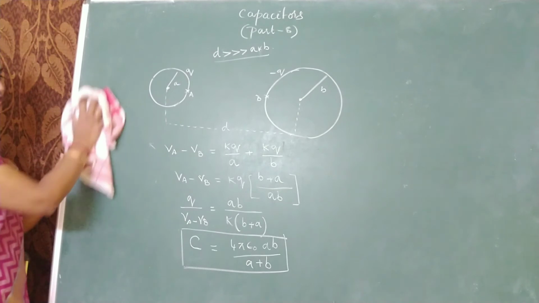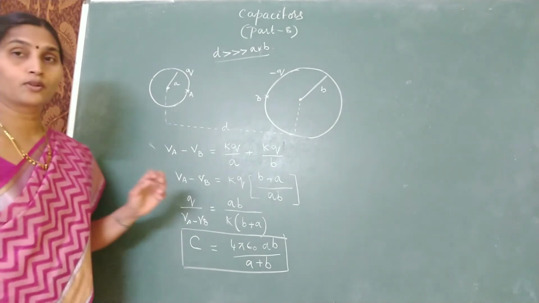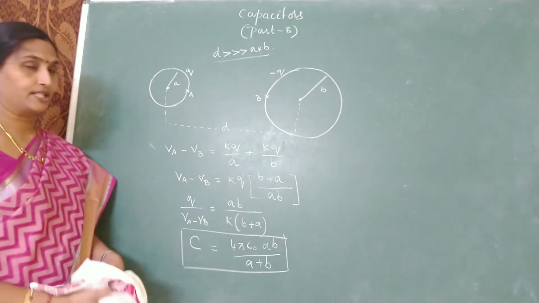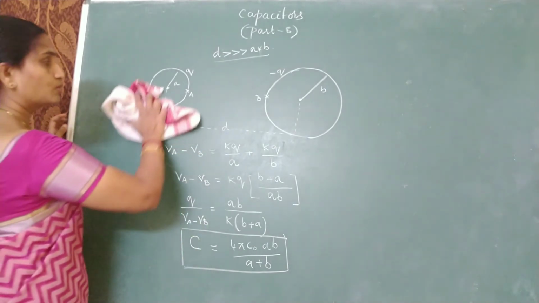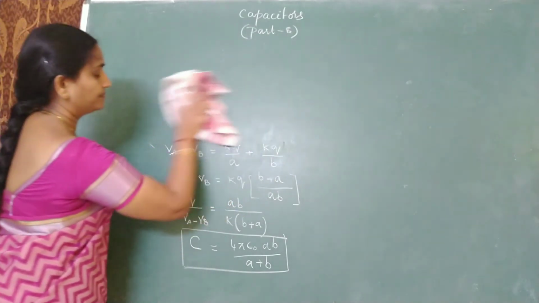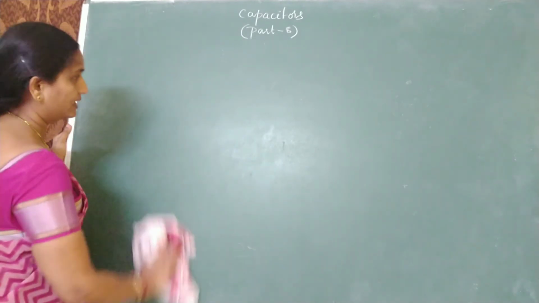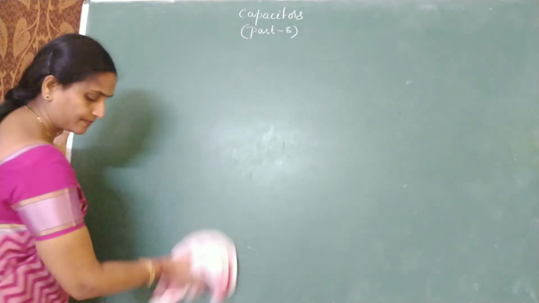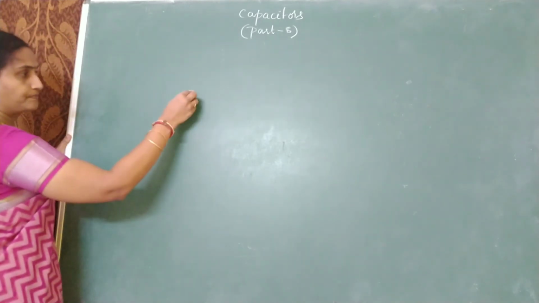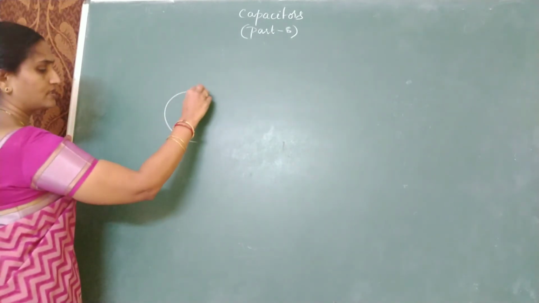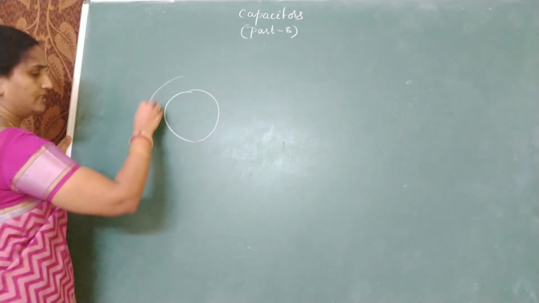So this is for two spheres, and I told you how to determine the equivalent capacitance. Sometimes they give you three concentric shells, and then you are asked to find out the equivalent capacitance. Look at that case. This time I will be taking three concentric shells.